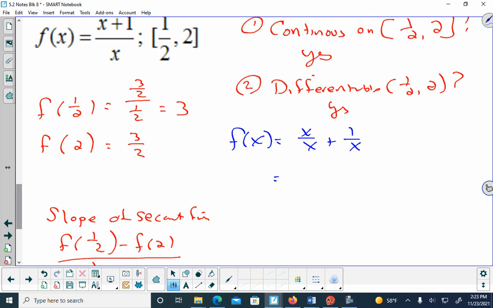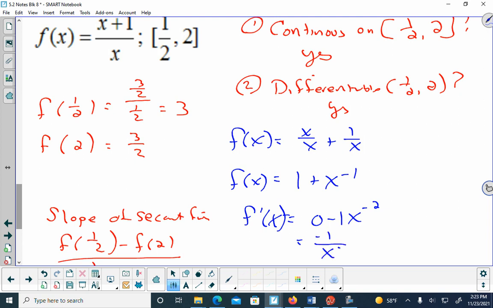So this would be 1 plus x to the negative 1. Everyone agree? So when I take the derivative, that ends up being 0 minus 1 x to the negative 2. So negative 1 over x squared.